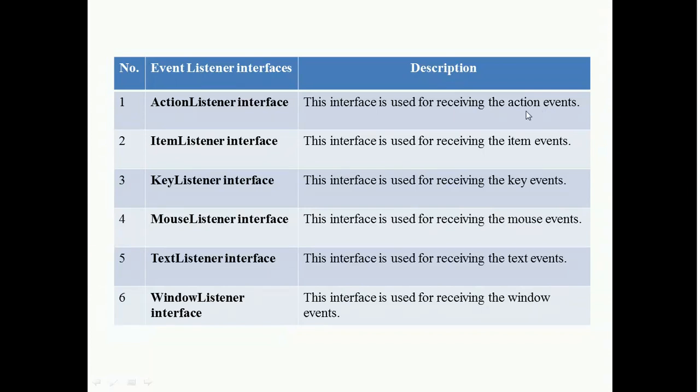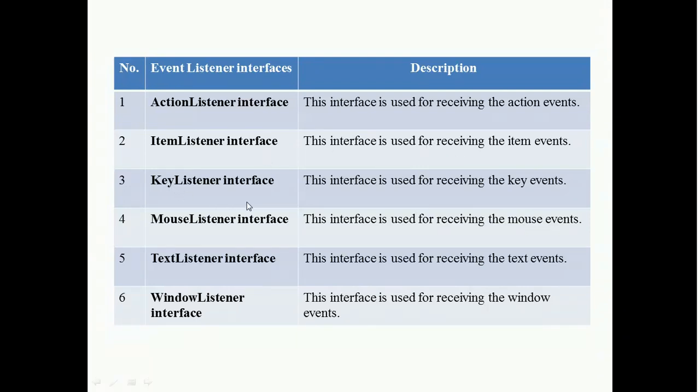So when you receive any action-related events, the action listener interface is used. Second, the item listener interface. This interface is used for receiving item events. So all item-related events are present in the item listener interface, like a checkbox.